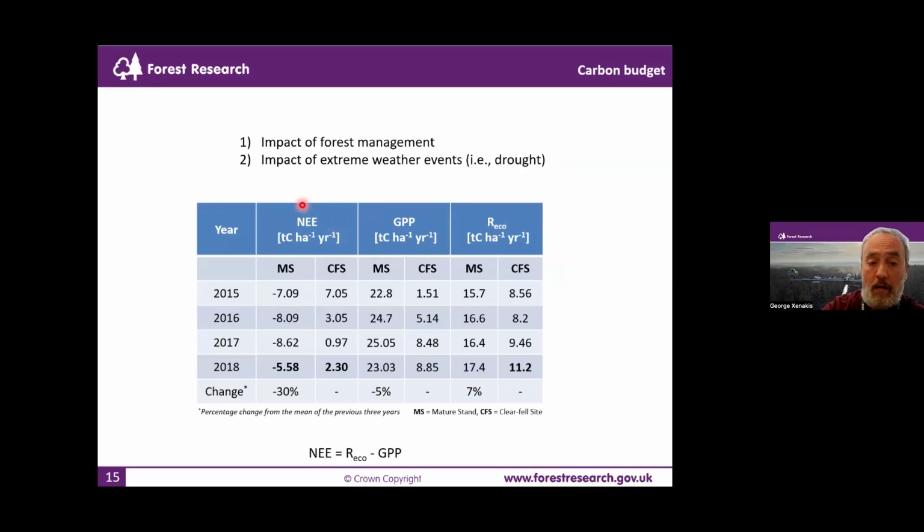If we focus here on the net ecosystem exchange, which is the total carbon absorbed by a forest ecosystem, the negative value shows absorption, the positive value shows emission. When we have the mature trees, they absorb about 7 tons of carbon per hectare per year, and the same amount was emitted when we cut the trees.